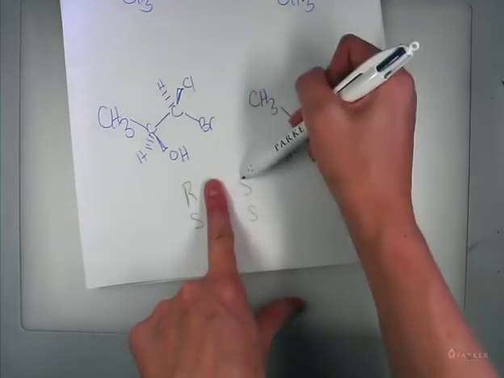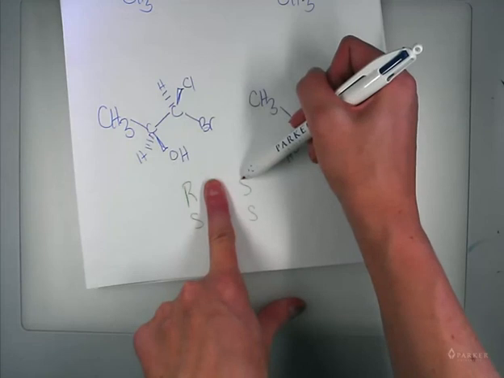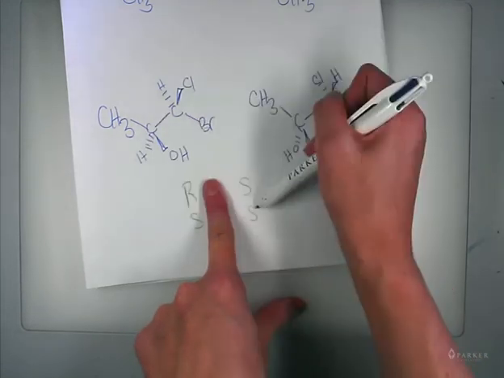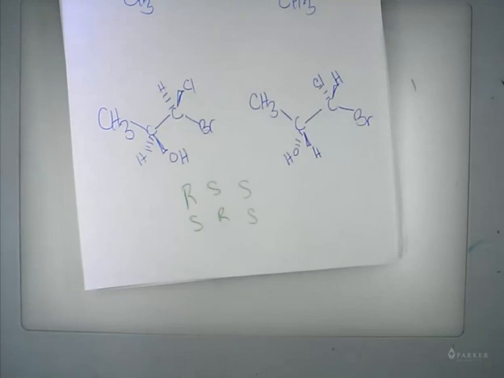But for a diastereomer, I might have SS or something, right? Did this one switch? RS? Yeah, but did SS switch? No, so basically, if not all of them switch, then it's a diastereomer. And it depends. Sometimes all but one switch. Sometimes only one switches.